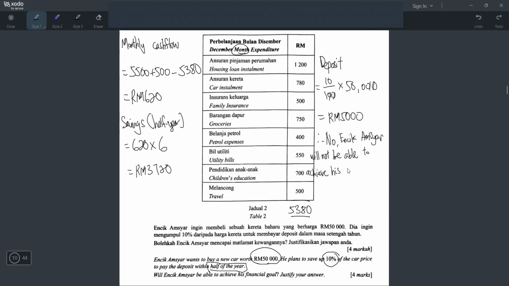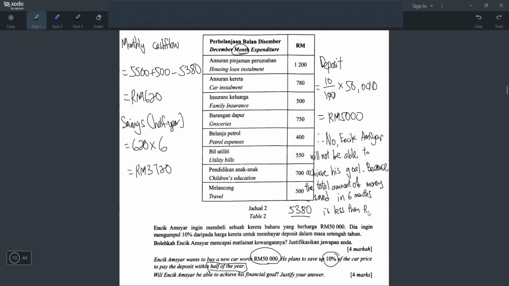And we have to give a reason, right? Because they say justify. So what's the reason? Because the total amount of money saved in 6 months is less than 5,000.